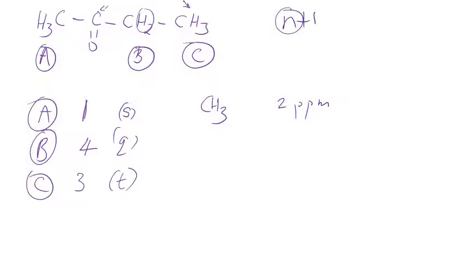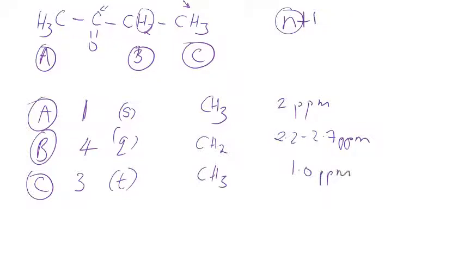The quartet, if you look at the data booklet, is predicted around 2.2 to 2.7, because again it's right next to a carbonyl, so that CH2 will be about 2.2 to 2.7 ppm. And then the methyl group next to another alkyl group would be, according to our data booklet, around about 1 ppm.